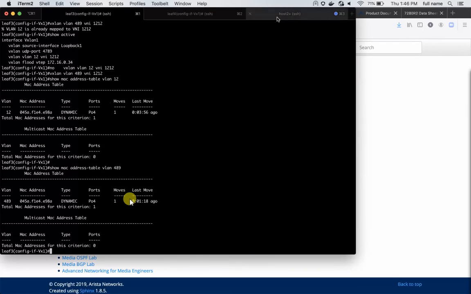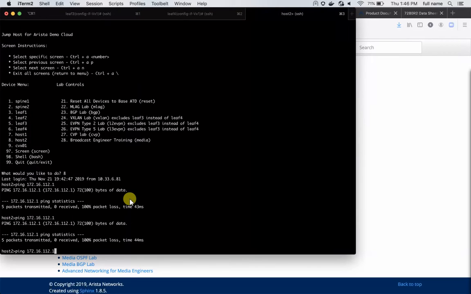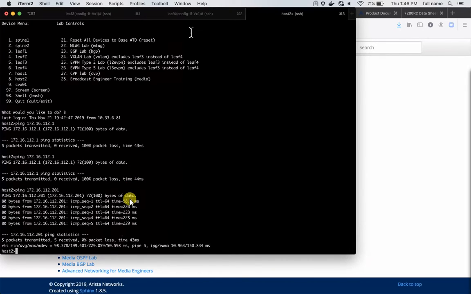I may not be getting a response from the virtual router interface, so let's ping the remote host. And so I'm not able to route to the gateway of the remote VTEP, but the hosts are reachable.